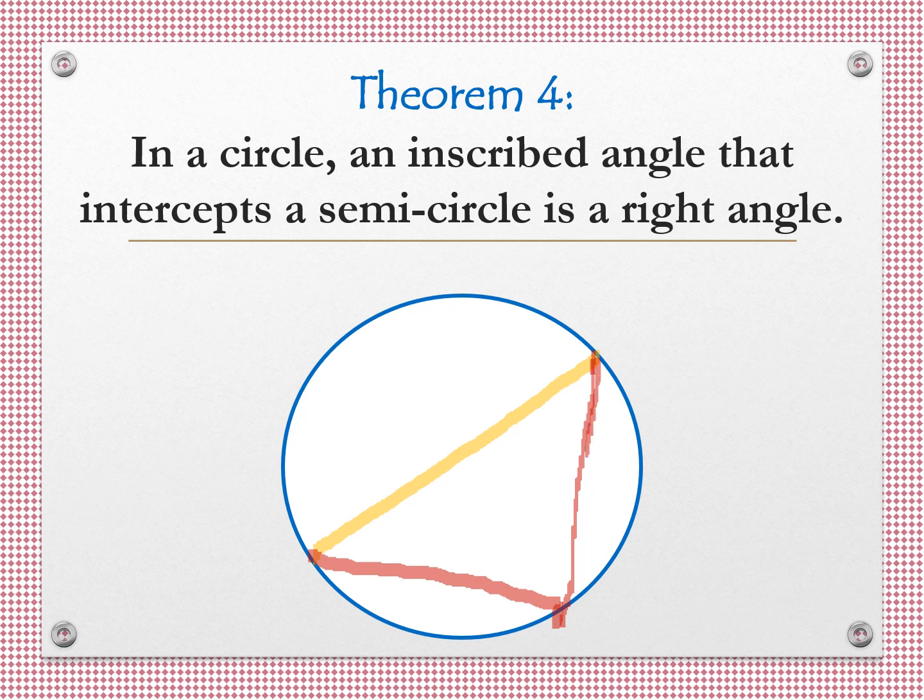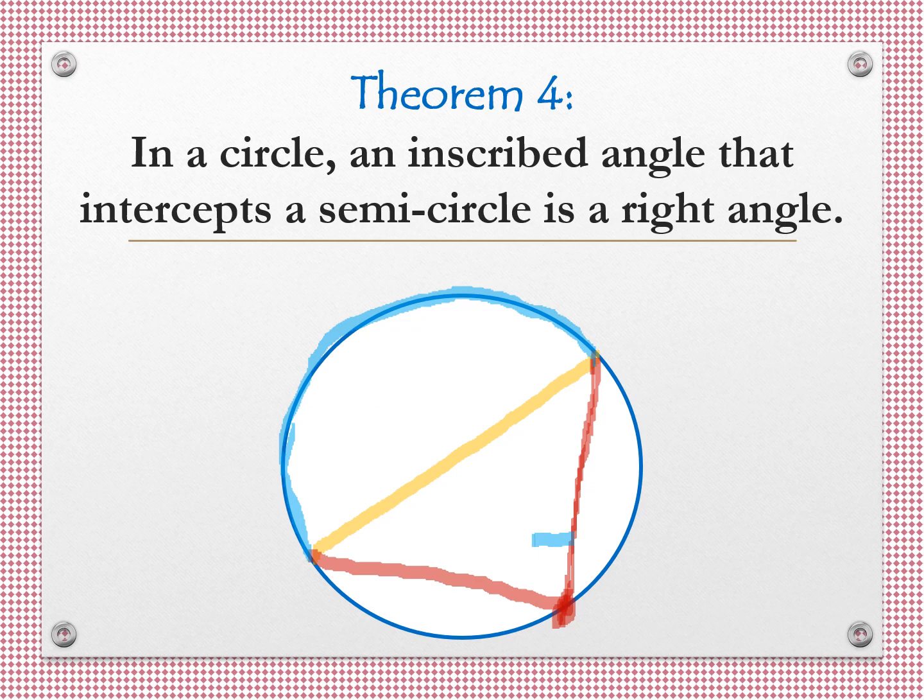This angle is inscribed because the vertex is here on the circle and it intercepts the semicircle. So this is the semicircle that the inscribed angle intercepts. What does it mean? If the inscribed angle intercepts a semicircle, then it is a right angle. So this red angle is a right angle.